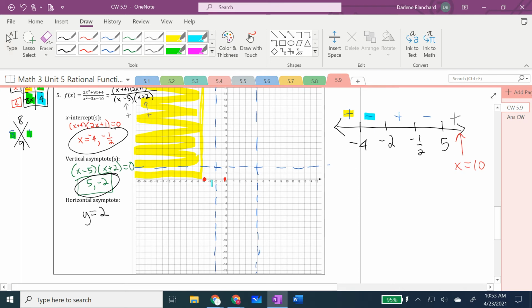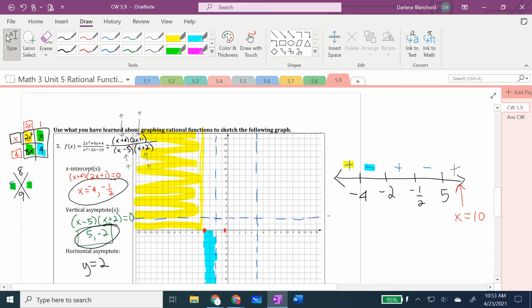Now, between negative 4 and negative 2, I know that my y values are negative, so I'm existing down here. Then from negative 2 to negative 1/2, I know that I have positive y values. I'm going to try and line that up.